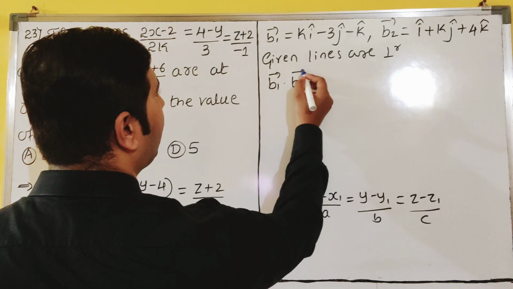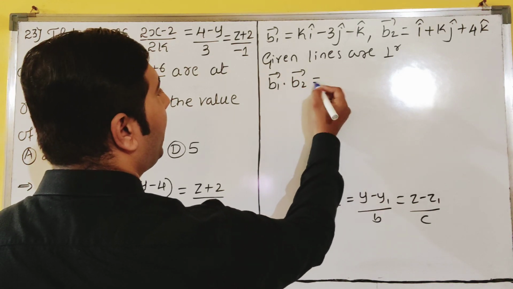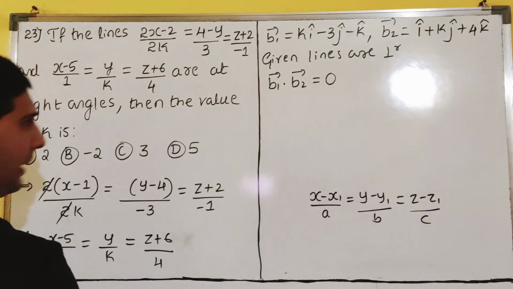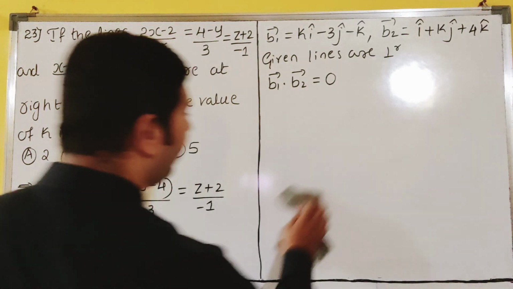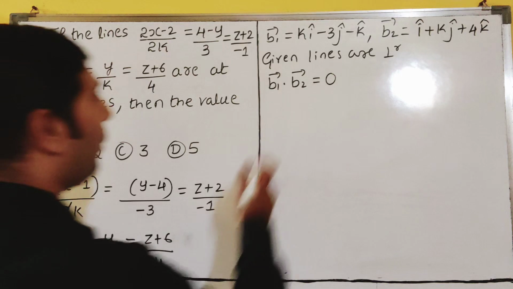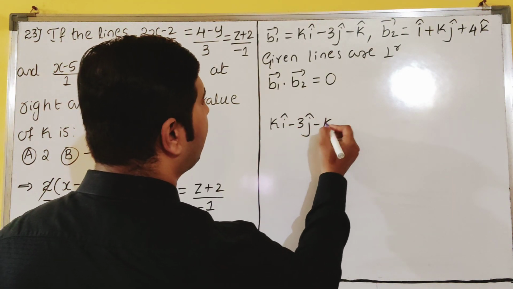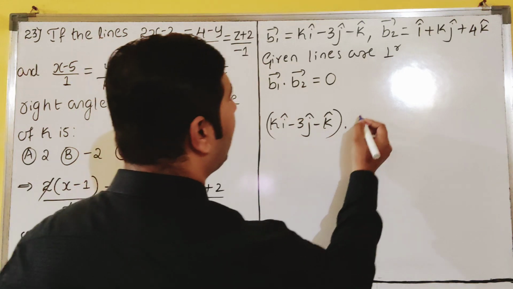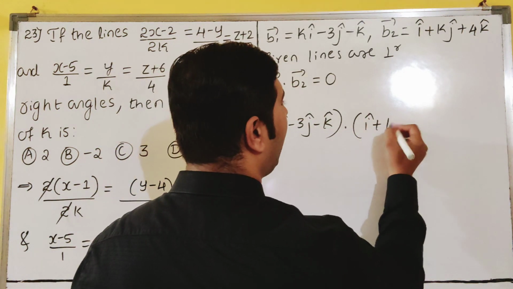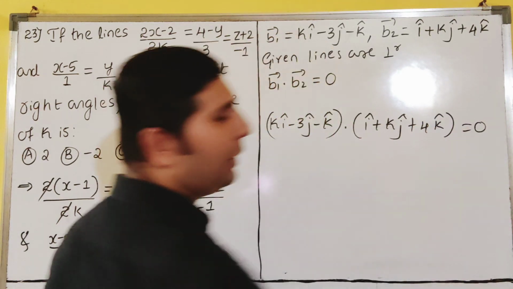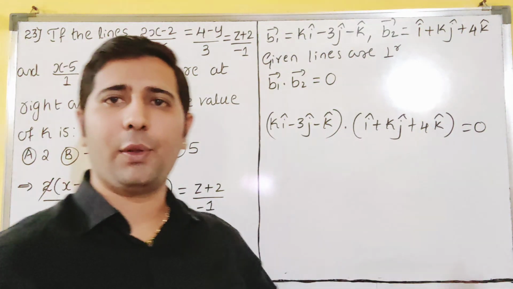Vector b1 dot vector b2 is equal to 0. Understood? So below I will erase this one, this is not required. So now b1 is k i cap minus 3 j cap minus k cap, dot b2 is i cap plus k j cap plus 4 k cap, is equal to 0. Will you agree? I am substituting b1 and b2 here.